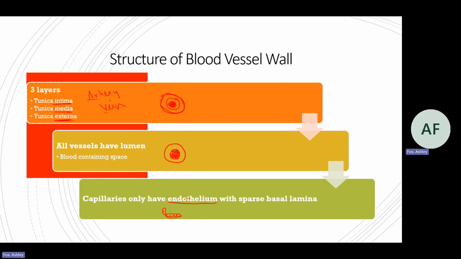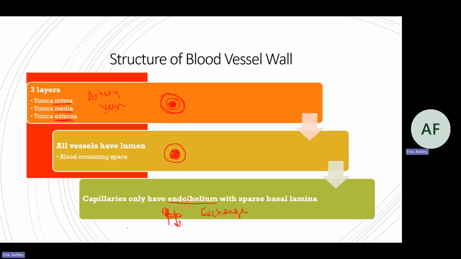If capillaries are where exchange is happening, where oxygen is leaving, carbon dioxide is coming, well, you don't want a lot of space and a lot of layers to go through for this exchange to happen. So having a very thin layer, just simple squamous cells, you're able to transport materials a lot easier and faster.